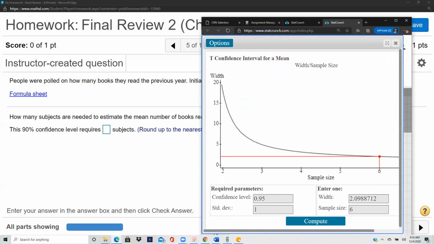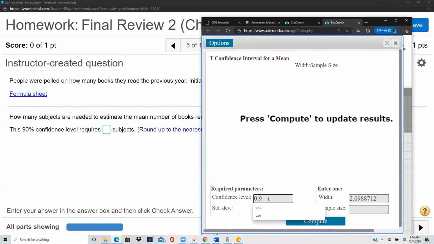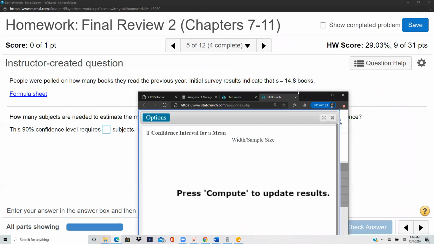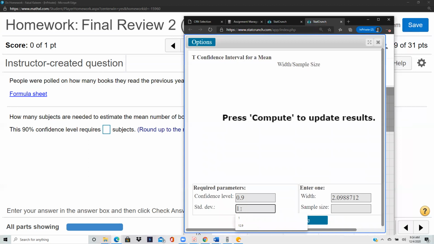So the confidence level is 90%. Standard deviation is 14.8. The sample size has to be found out because they say how many subjects. And so it means we need to know the width.